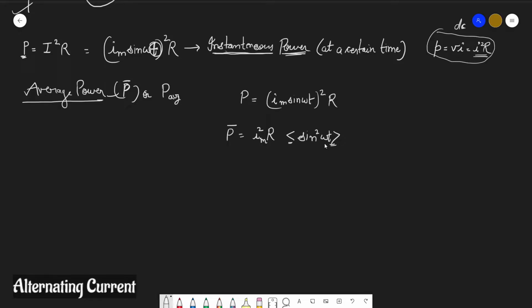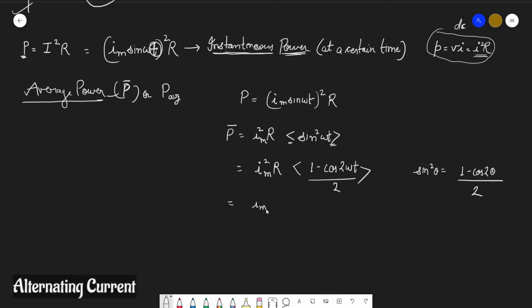Now you can calculate this. I can write Im square into R, and sine square omega t you can write, you know the formula, sine square theta is 1 minus cos 2 theta upon 2. So if you use it here, that will be 1 minus cos 2 omega t by 2, average value.